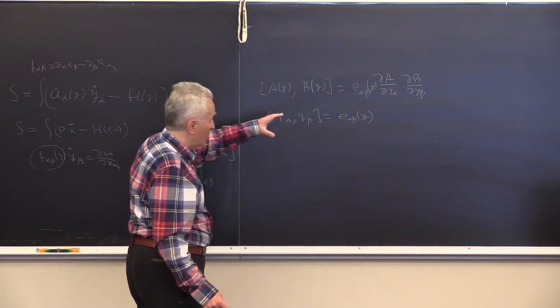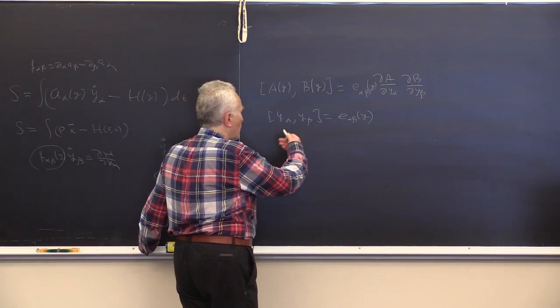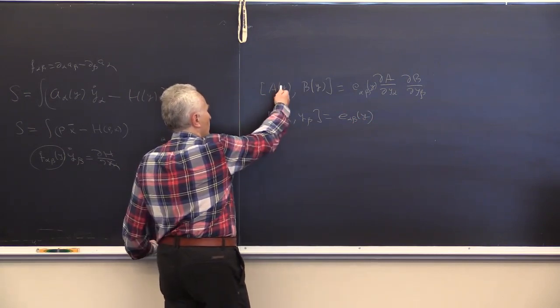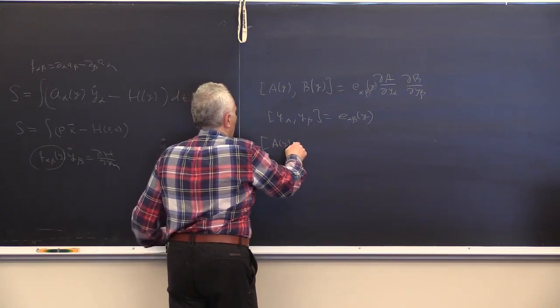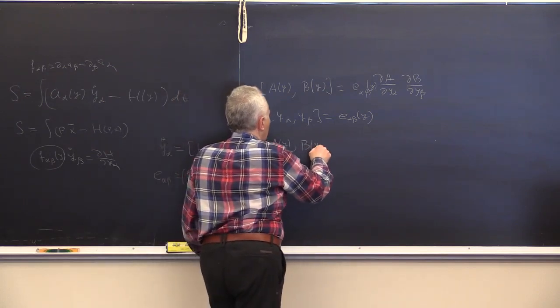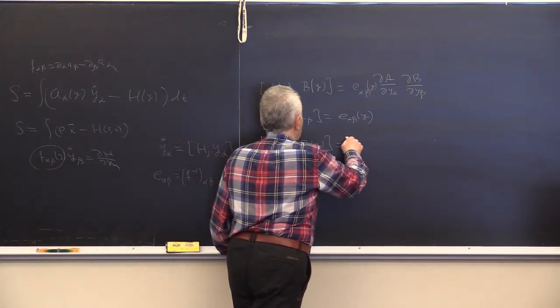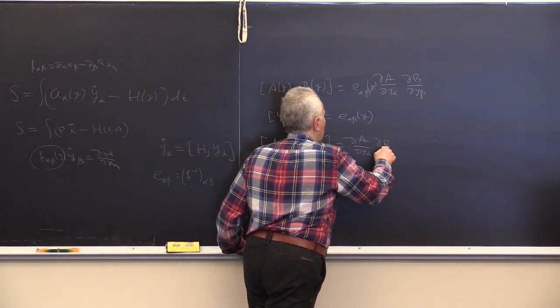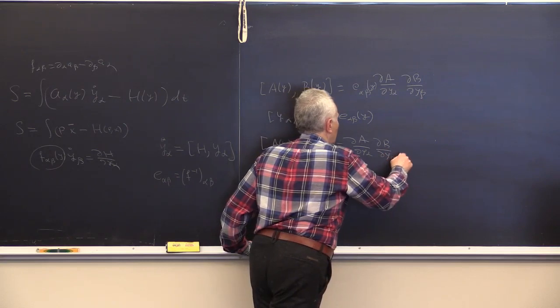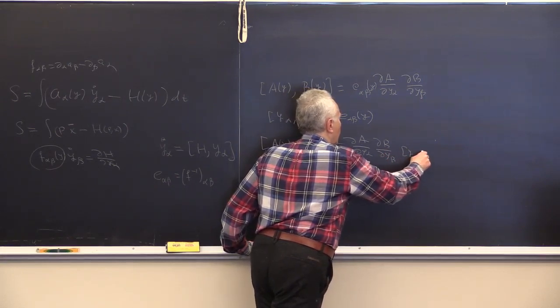And it's useful to remember the rule for dealing with a Poisson bracket: for A and B of y, it is dA/dy alpha, dB/dy beta, and the bracket of y alpha, y beta.